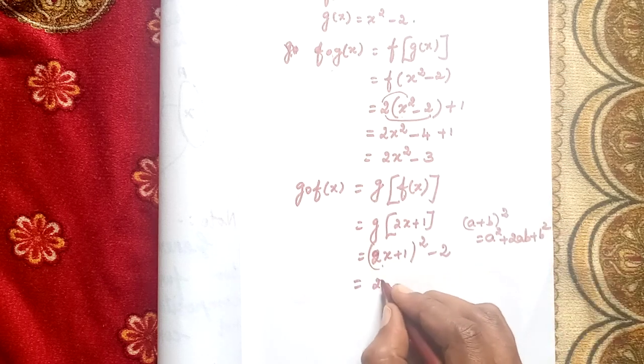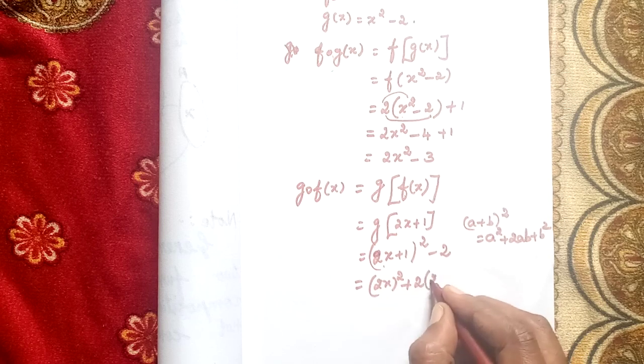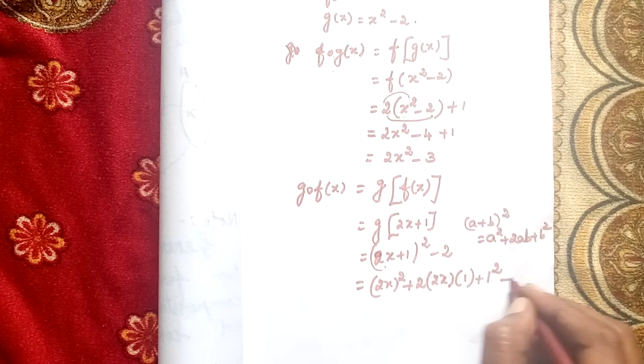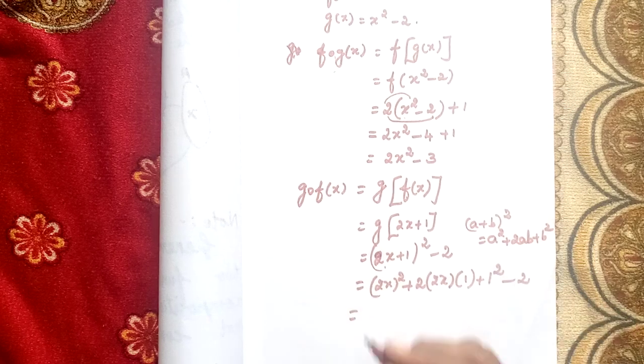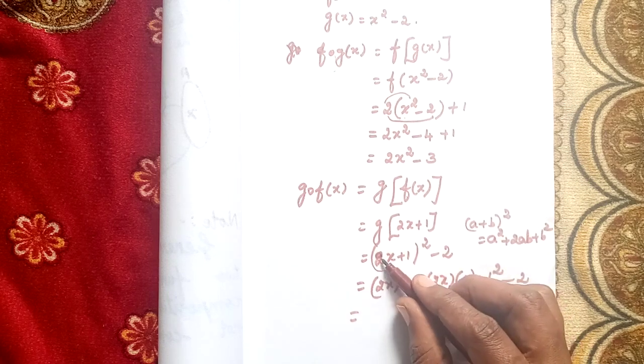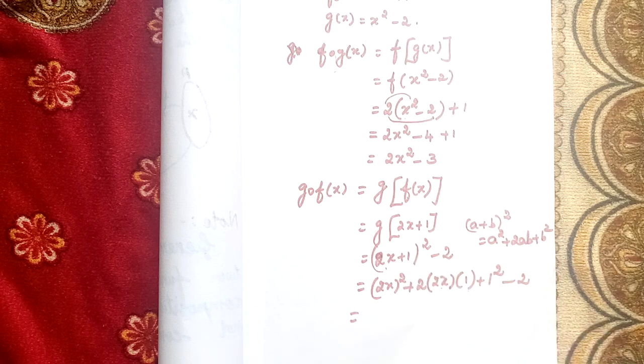So 2x the whole square plus 2 into 2x into 1 plus 1 square minus 2. Okay, clear students? A square is 2x the whole square, plus 2ab is 2 into 2x into 1, plus b square is 1 square.